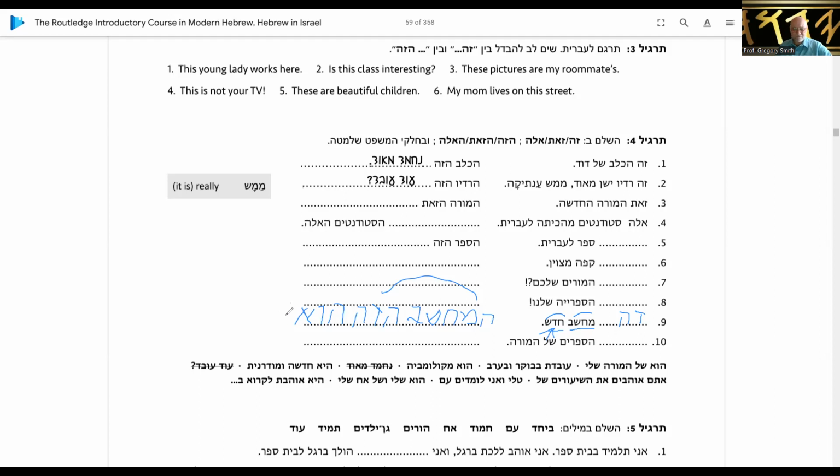The word for fast is mahir. Okay, and that's a mem, a hey, a yod, and a resh. Yeah, mahir. Looks like this. It's fast.